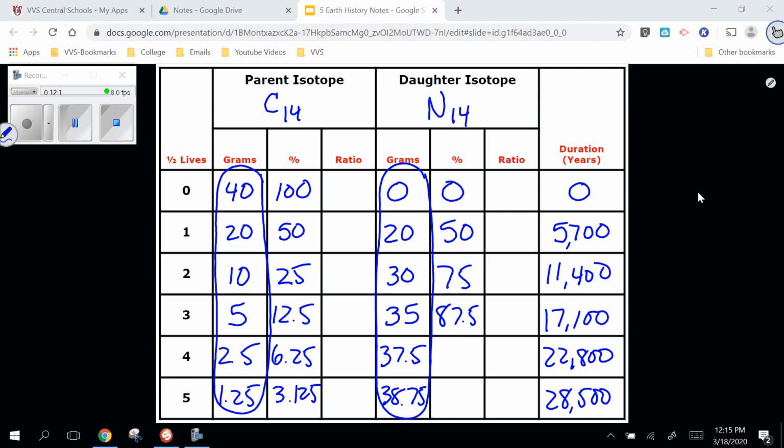Then 87.5 and 6.25 gives 93.75. And then we add 3.125 onto that, we get 96.875%.